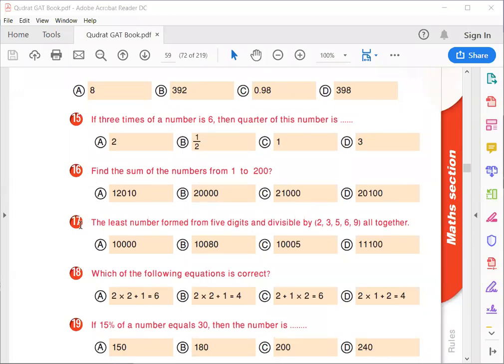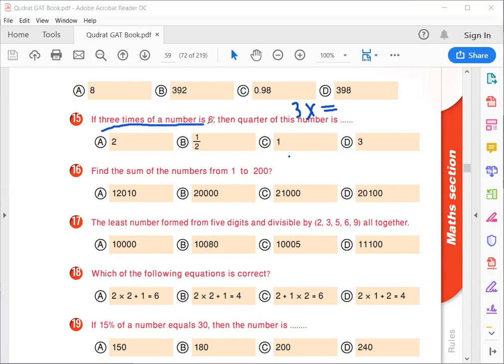He said if 3 times a number, then write 3x. Then a quarter of this.